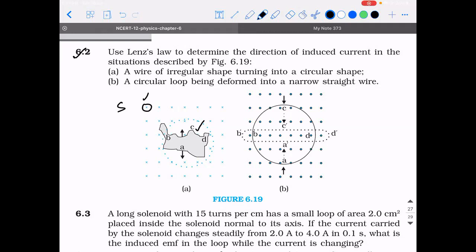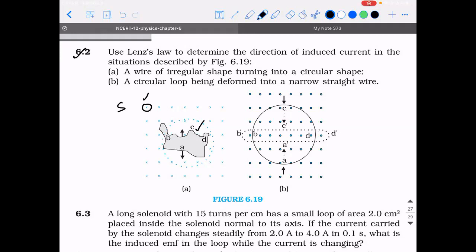Sir, the area will be changing. Change by what? Increase or decrease? Sir, it will increase, I guess. Because the wire is expanding, right? Yes, sir.